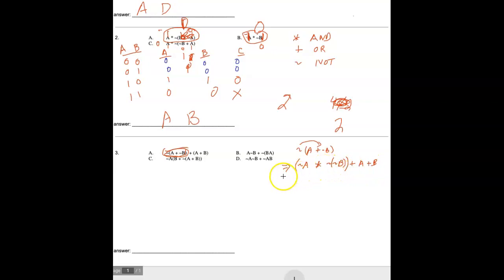Well, the next equivalent rewrite here would be to take this not, these two nots cancel each other out according to one of the Boolean algebra identities. And this not a times that b, well, that's still there. And then this plus a plus b, those are still there. So in a way, I did break this A up into something a little bit simpler. I'm going to label this now as my choice A here.